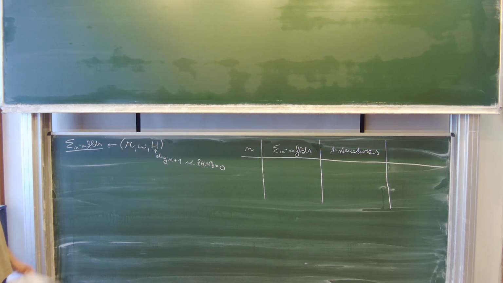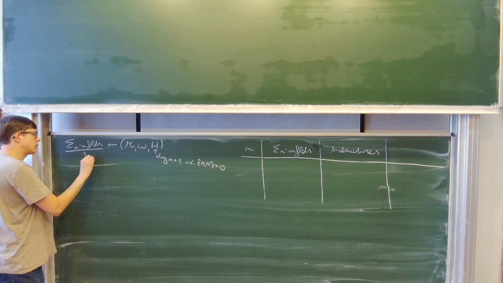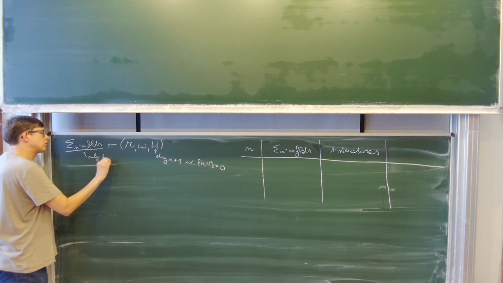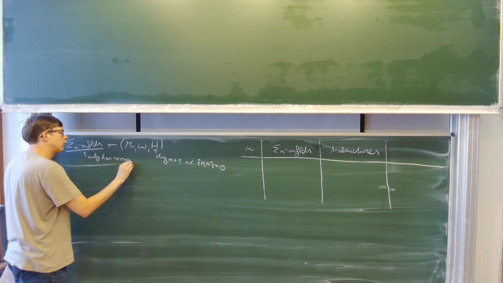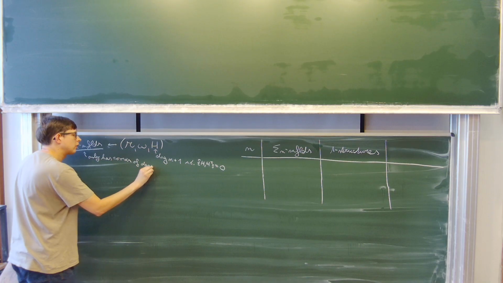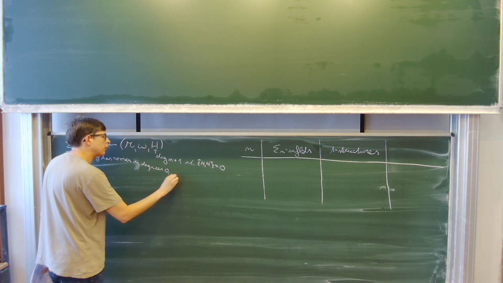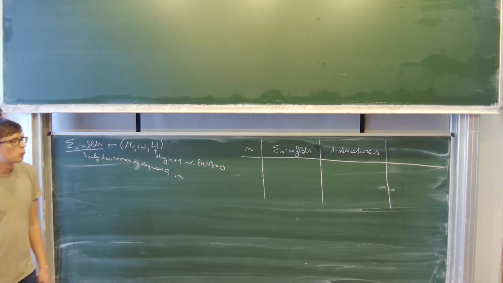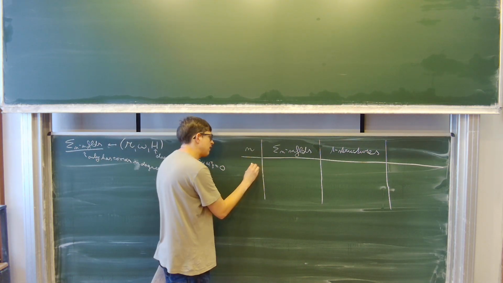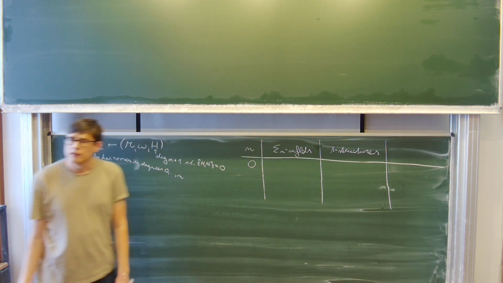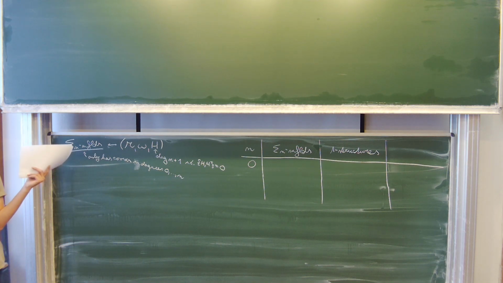Now, remember, we know that this thing only has coordinates of degrees 0 up to n. So what do we get if we take the lowest case that we can, if we take n equal to 0? What does this definition reduce to?